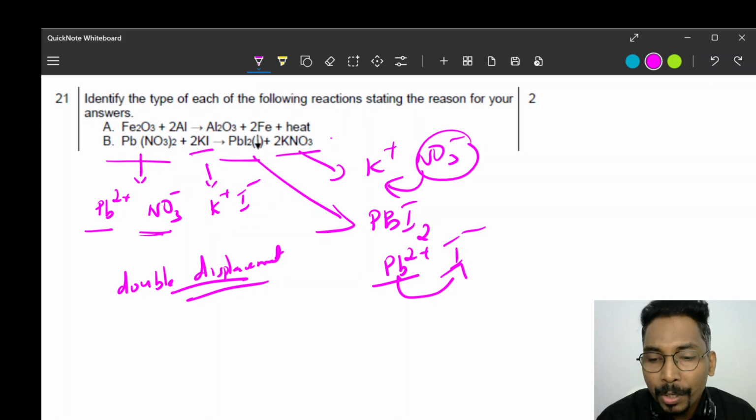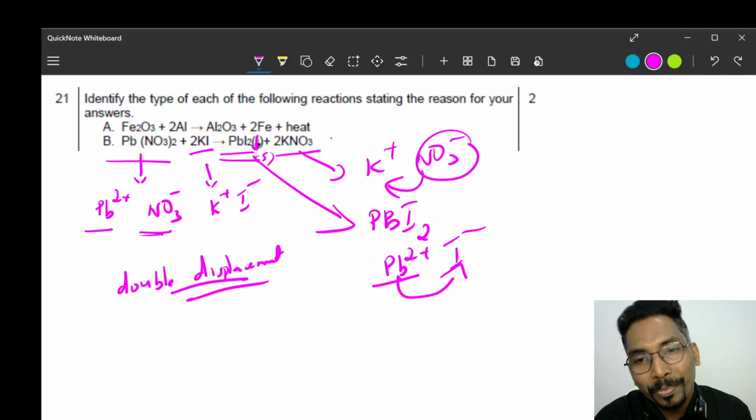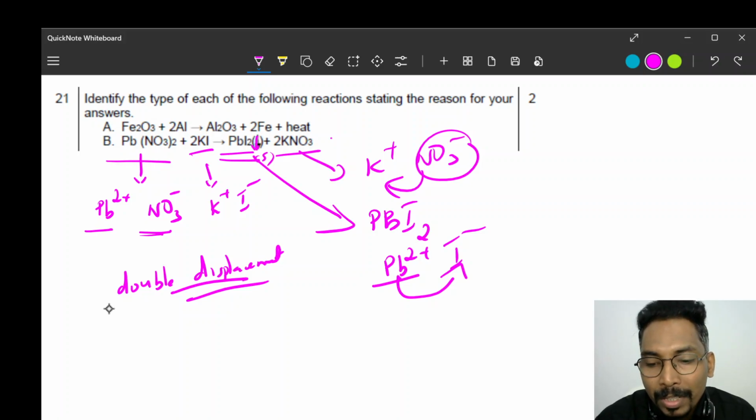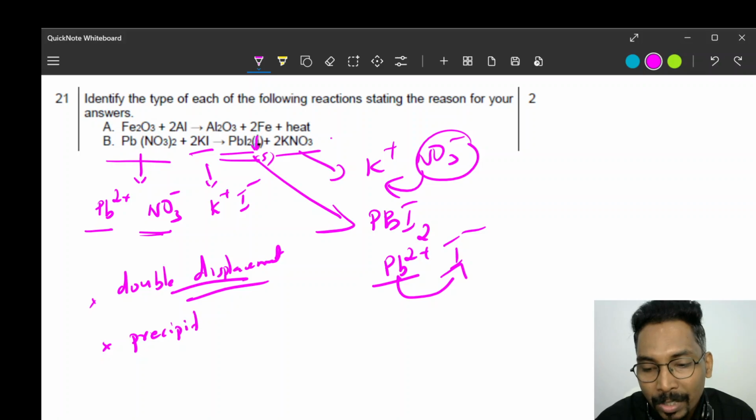And apart from this, what do you mean by this particular down arrow? That means it is a precipitate. PbI2 is a solid which will precipitate, which will not dissolve. So for that reason you can say the reaction is a precipitation reaction as well.